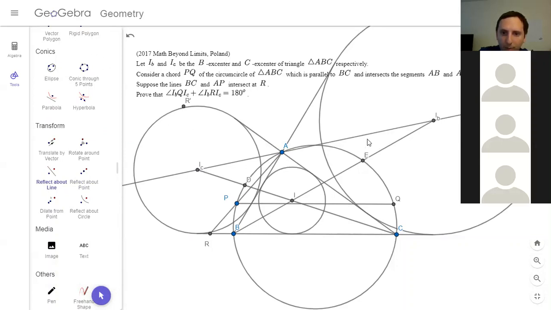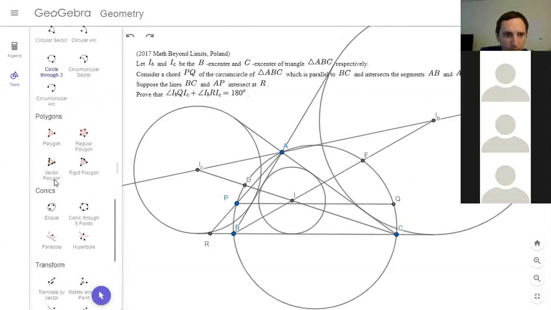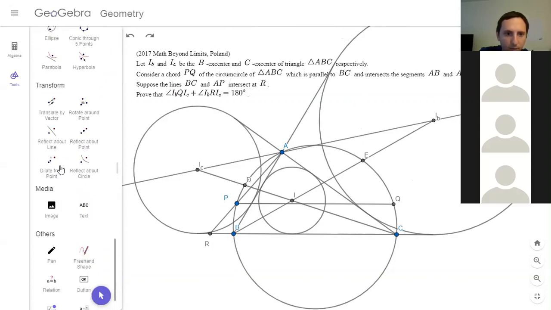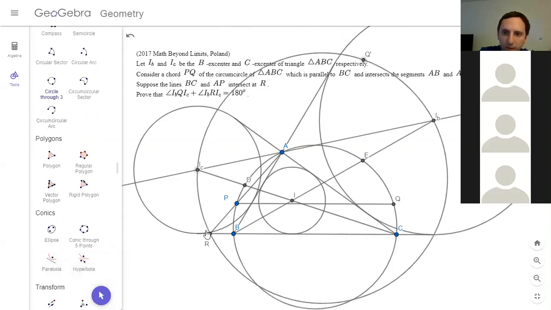Then we want to show R prime, IC, Q, IB is cyclic. Yeah, but maybe it's better to reflect Q over it. And then we could show Q prime. So yeah, we could do it that way too.